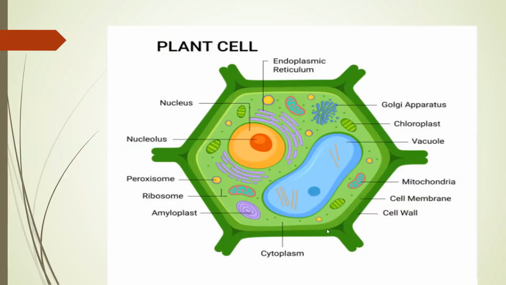Look at here. This is the cell wall. It is made up of three layers. First one is the primary cell wall. Second one is the secondary cell wall. Third one is the middle lamella. Do you understand? Any doubt?